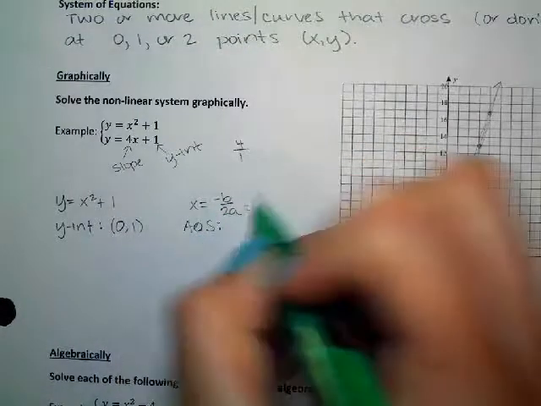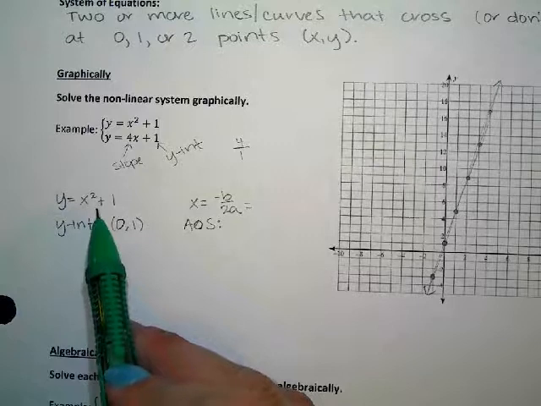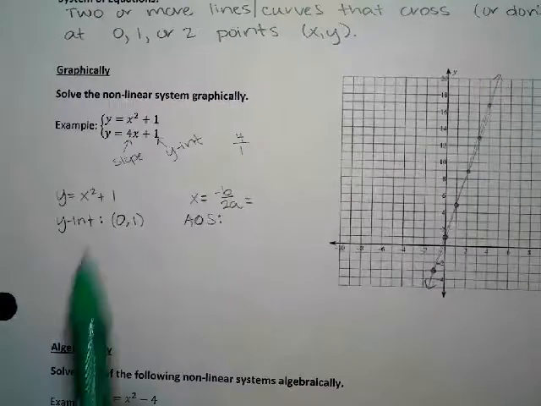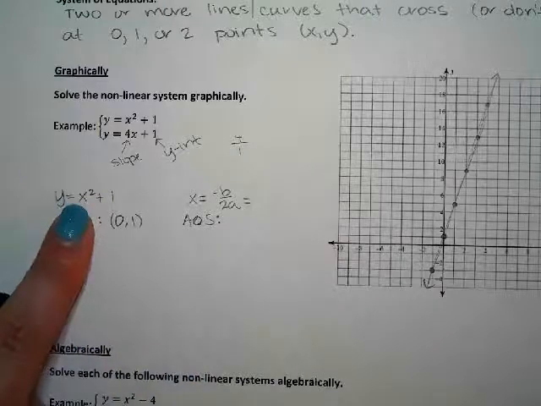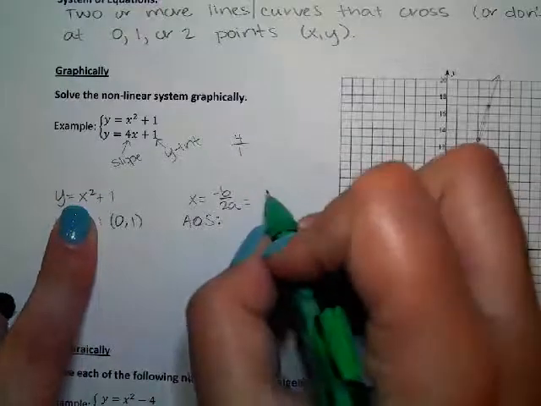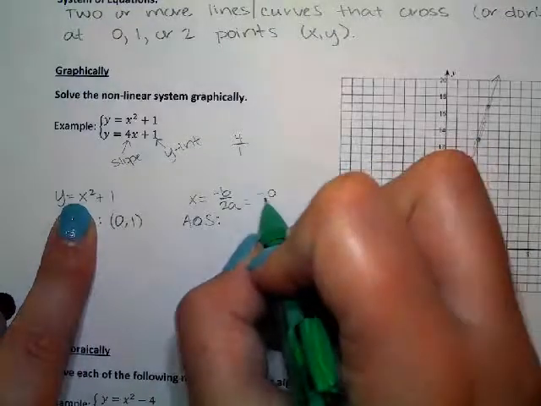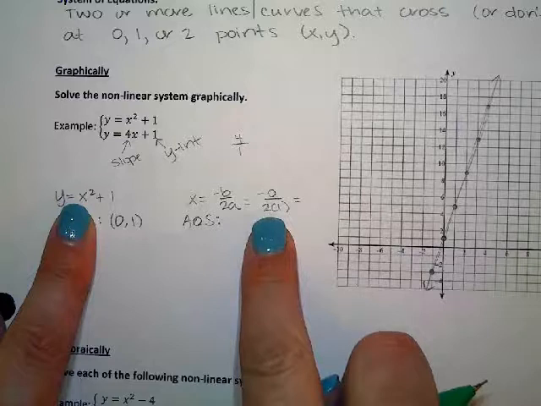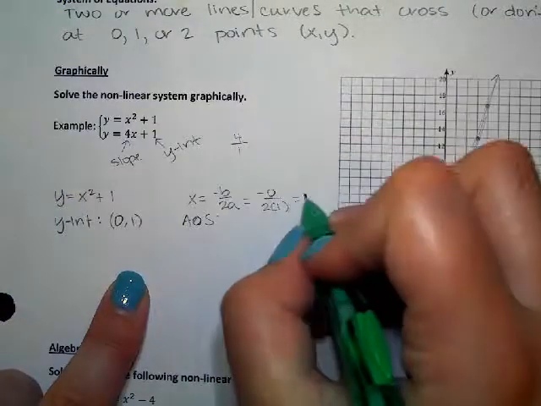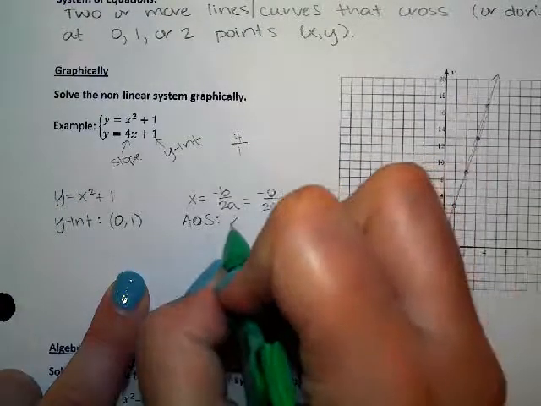And there's no b value, because the b value is the number in front of x. This would be like x squared plus 0x plus 1. So negative 0 over 2 times 1 is just 0. Okay, so for my axis of symmetry, that's just 0.